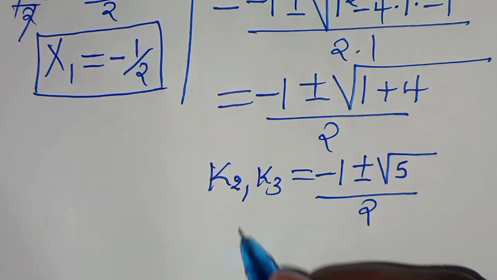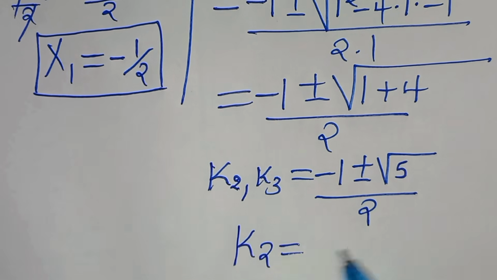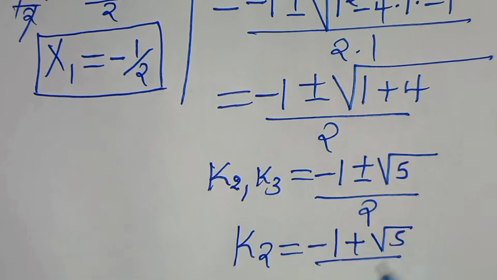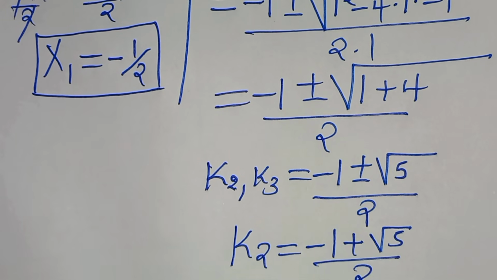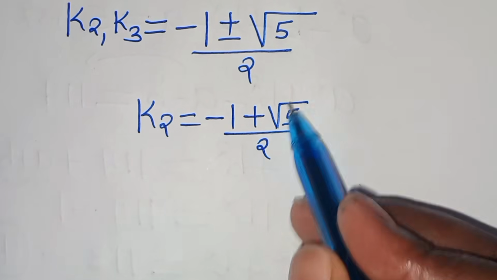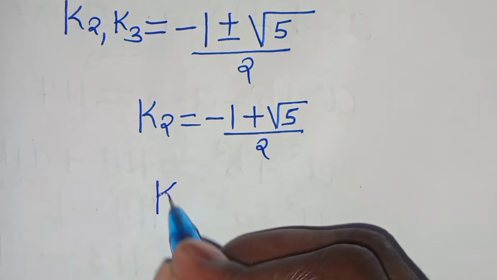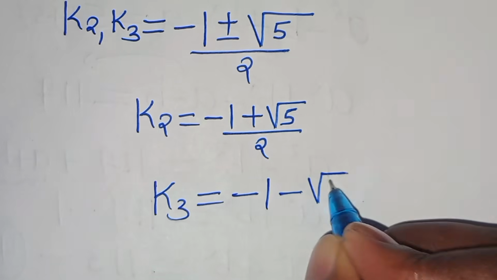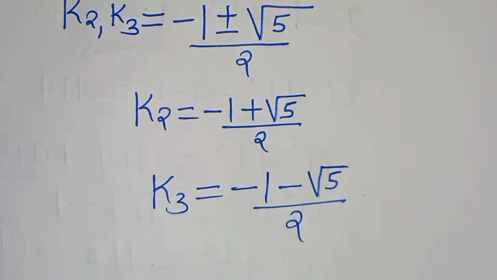So now we have k2 is equal to minus 1 plus square root of 5 over 2, and k3 is equal to minus 1 minus square root of 5 over 2.